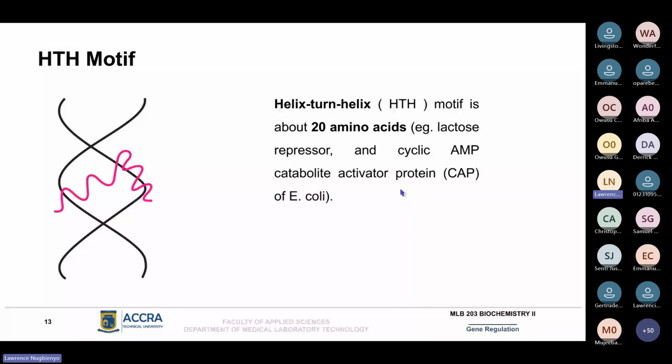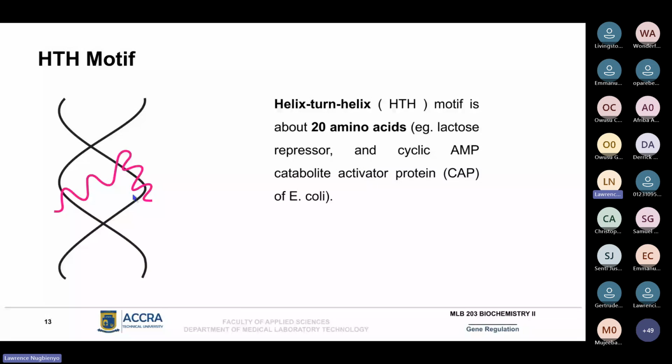So you can go and look back at it and you'll see that the catabolite activator protein, which also interacts with the lac operon, also has this helix-turn-helix structure.